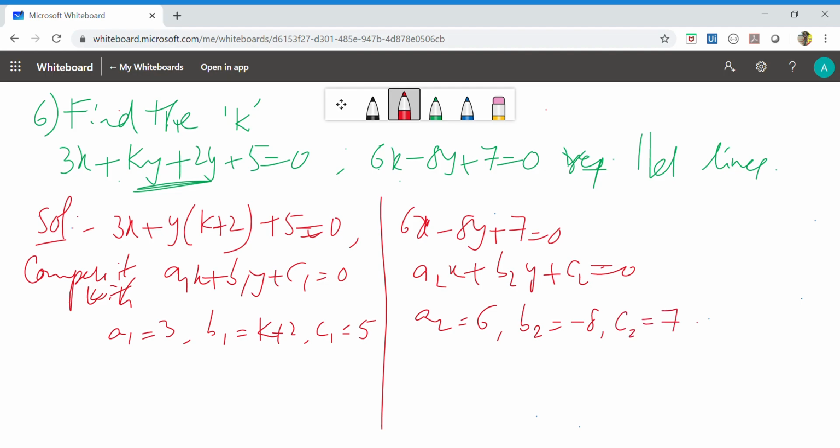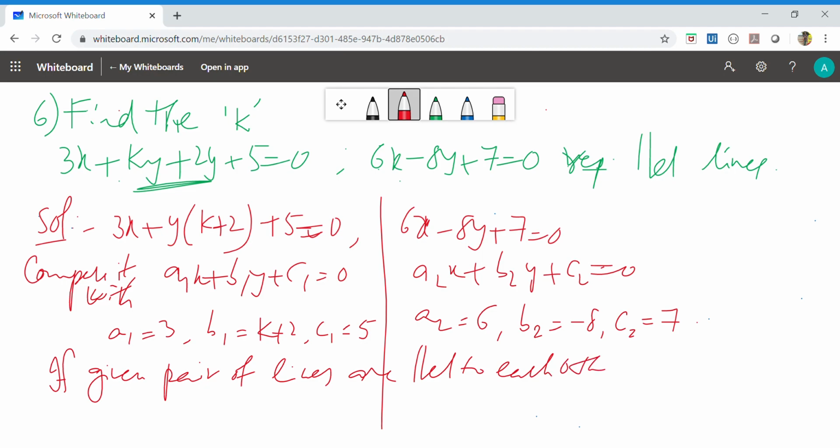Then, if the given pair of lines are parallel to each other, then the condition is a1 by a2 is equal to b1 by b2 is not equal to c1 by c2.